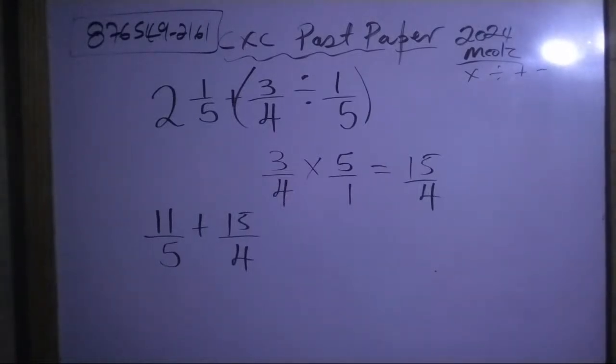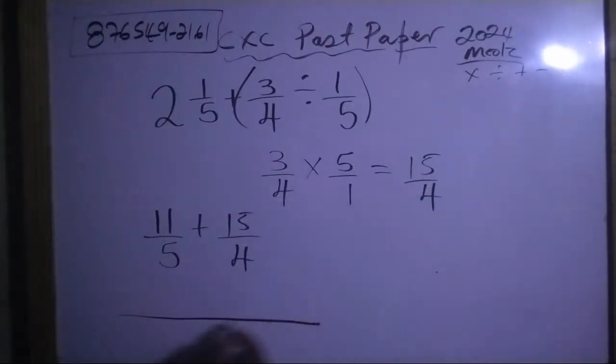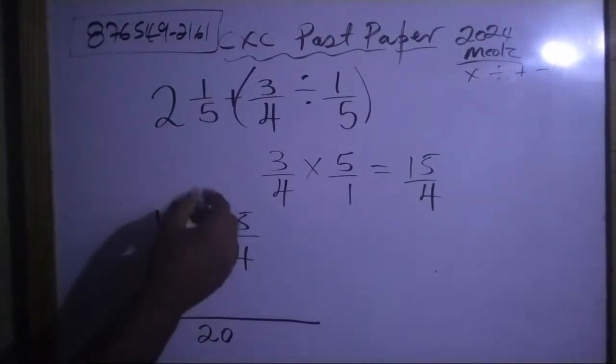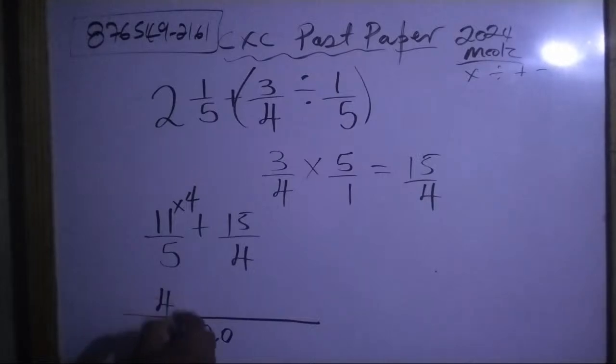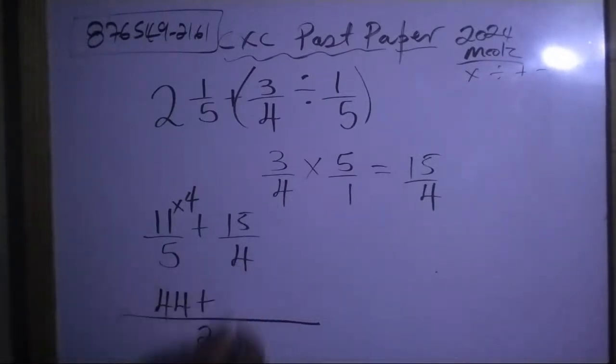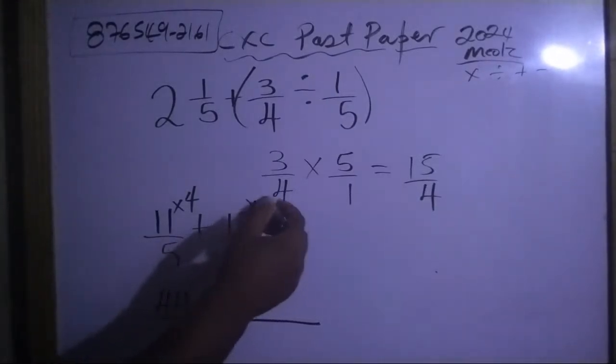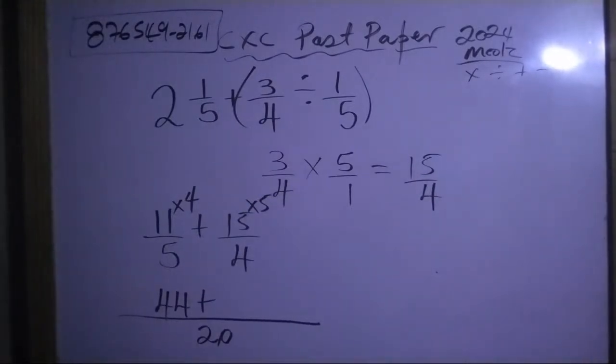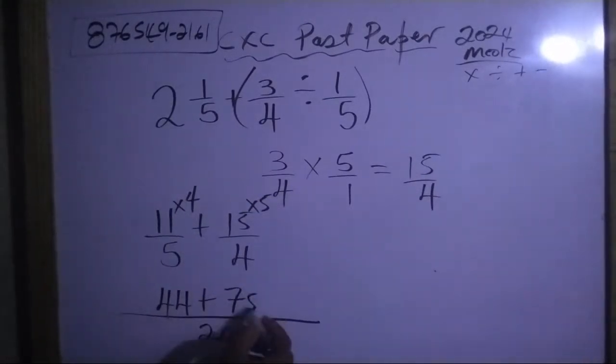And of course, we find our LCM. Once you're adding and subtracting, we must bring them to a common denominator. If they don't have the same denominator, we bring them to the same denominator. Now the LCM of 5 and 4 will be 20. So 5 into 20, that's 4 times. 11 times 4, 44. 4 into 20, that's 5 times. 5 times 15 is 75.